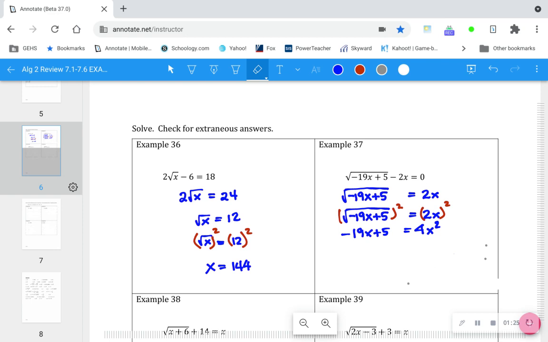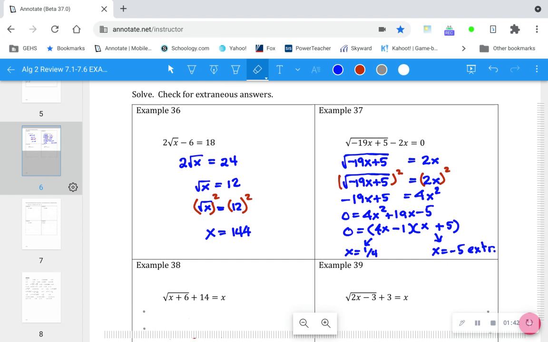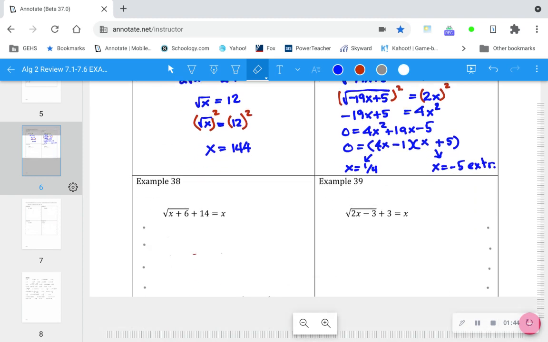So now I'm going to take my terms all to one side, and that'll give me the equal 0 that I need. You factor, set each factor equal to 0, and check. In this case, the negative 5 does not work. Okay, so we got one answer there, 1/4.